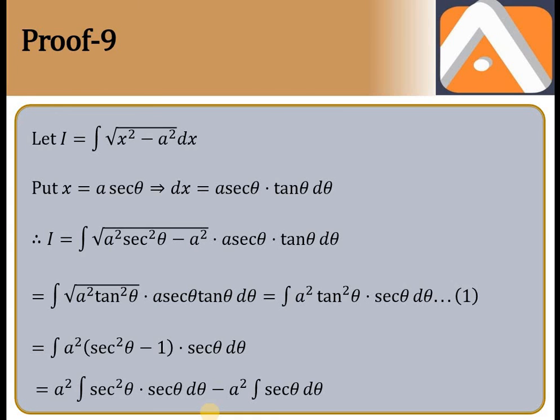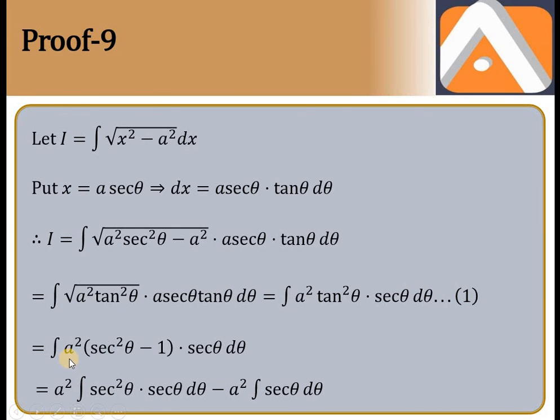Now replace all the values, integration of, in place of x, a square sec square theta minus a square into, in place of dx, a sec theta tan theta d theta. Now if you take a square common and secant square theta minus 1 becomes tan square theta into a sec theta tan theta as it is. If you multiply this, a square tan square theta sec theta d theta, take this as equation 1.